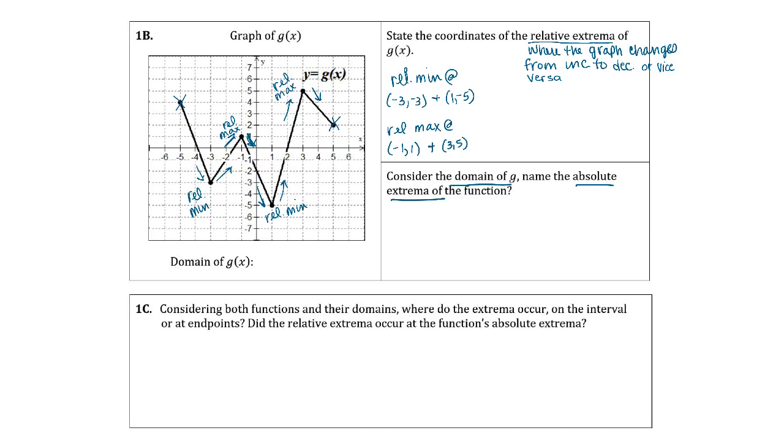So looking at those relative mins and maxes, we can pick out absolute min and max. So our absolute max, that's going to be the highest point that we see on that graph, is going to be 3, 5. And our absolute min, lowest point on the graph, that's going to be at 1, -5.